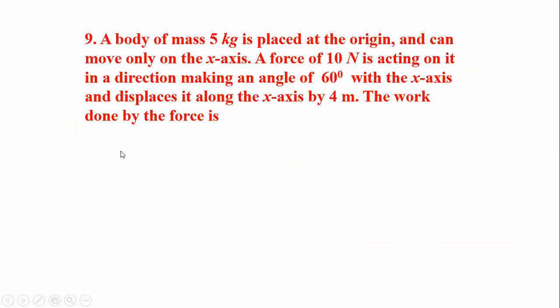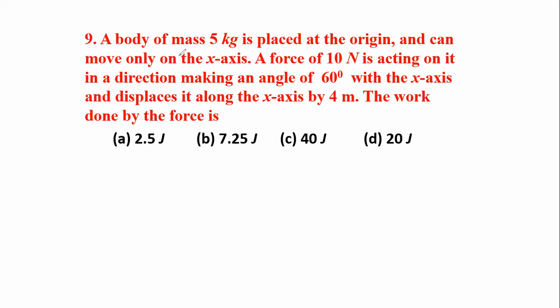Next, a body of mass 5 kg is placed at the origin and can move only on the x-axis. A force of 10 newtons is acting on it in a direction making an angle of 60 degrees with the x-axis and displaces it along the x-axis by 4 meters. The work done by the force is to be found.